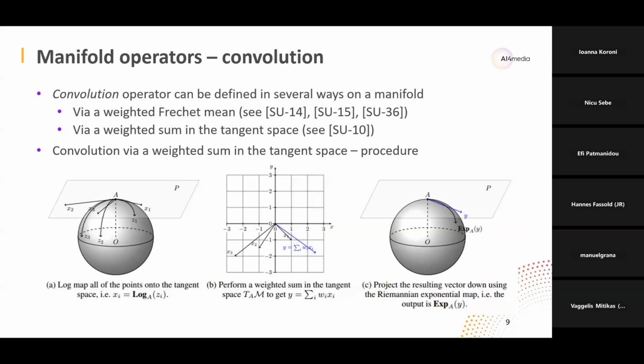When you look it up, it's just the point on the manifold which minimizes the weighted or unweighted squared sum of the distances to all points which go into this mean.